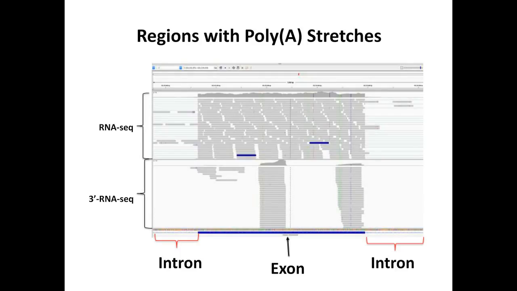This exon is within the gene, so it is unexpected to see this. These reads are mapping to an exon in the middle of the gene. So we were curious about what is going on here, and we zoomed in to see what happened.